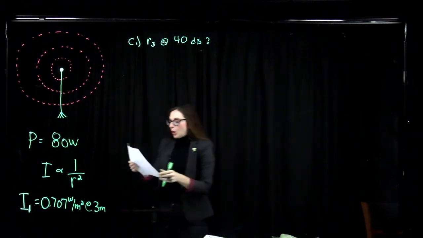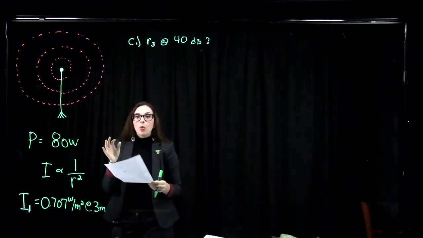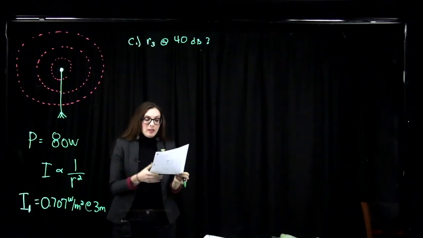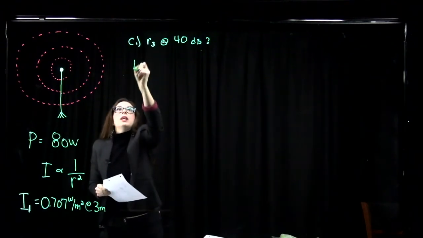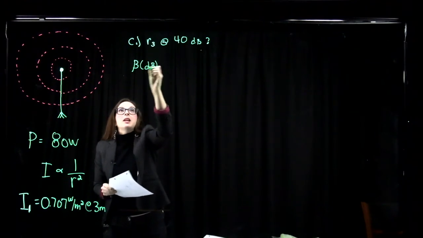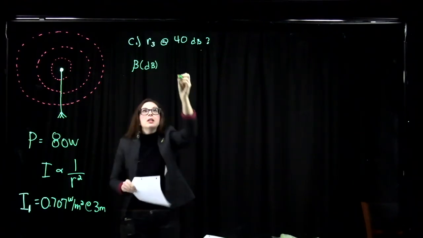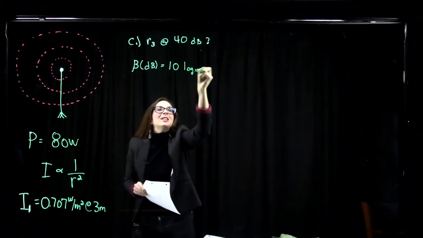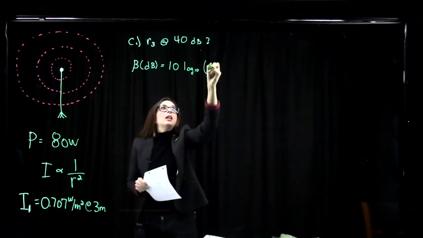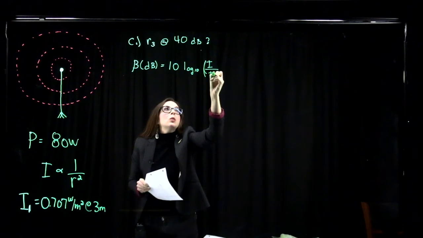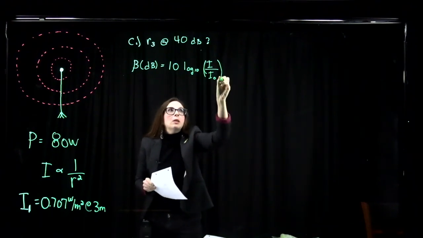Okay, so we have our equation for the intensity level in decibels. In that equation, which I'll write like this, beta is our intensity level in decibels, that's equal to 10 log base 10 of the intensity divided by this quantity that we call intensity sub naught.